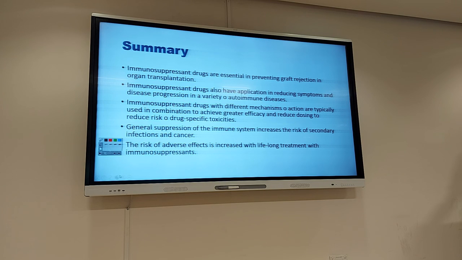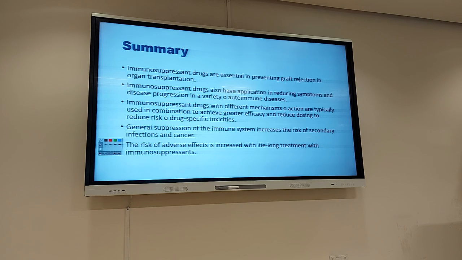So in summary, in general, immunosuppressants are used in preventing graft rejection in organ transplantation. In autoimmune disease, we use them to reduce the symptoms of the disease, and there are different types of mechanisms of action, which can be increased or reduced by other drug interactions.